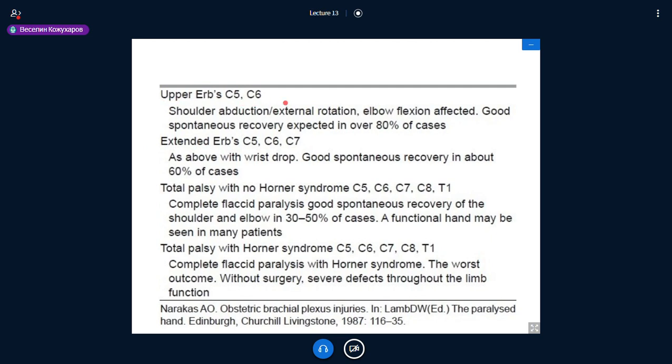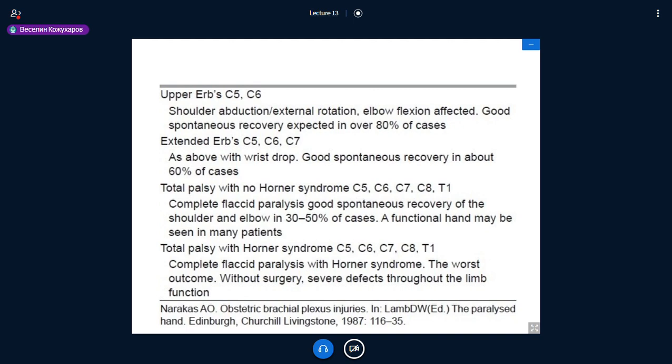First, the upper ERPS group, which affects C5, C6. This will affect shoulder abduction, internal rotation, and elbow flexion is also sometimes affected. Usually those cases have a good prognosis, and they make up 80% of cases.